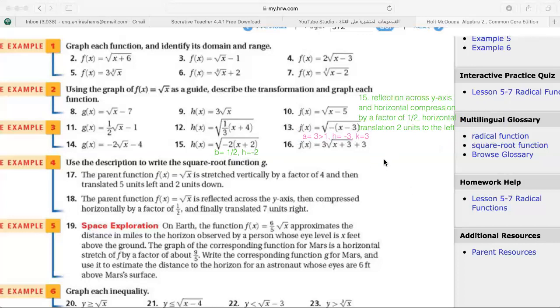So if I want to write it here, I will write it like this. Number 16. Vertical stretch by a factor of 3.